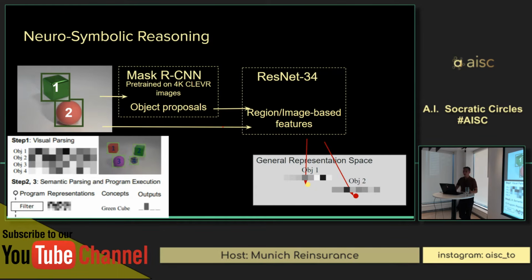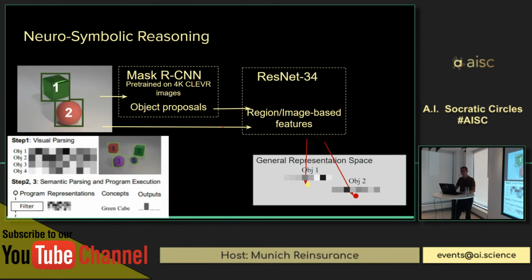The bounding box for each single object, paired with the original image, is then sent to ResNet34 to extract the region-based and the image-based features respectively. Those are concatenated to represent each object.